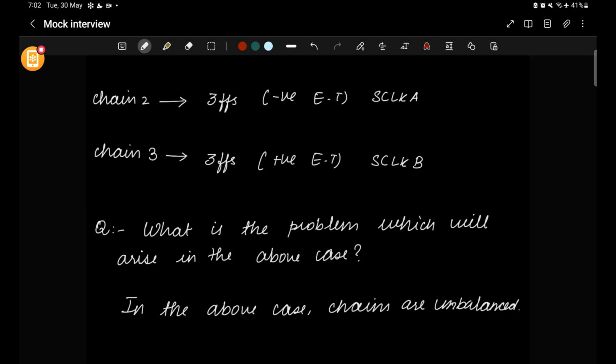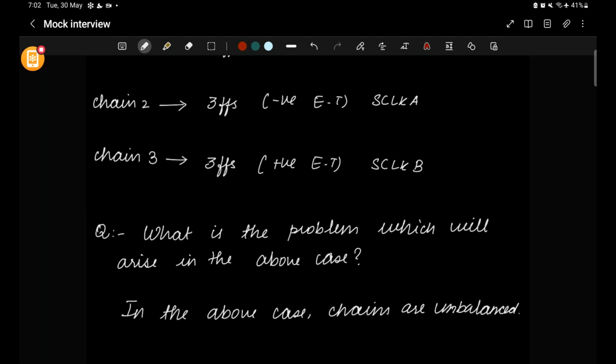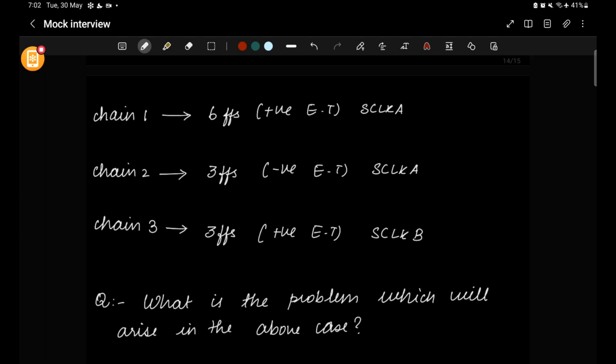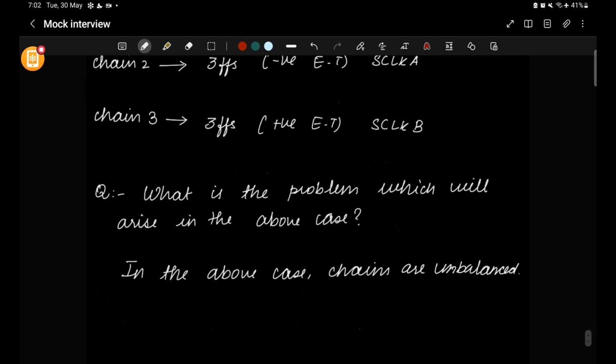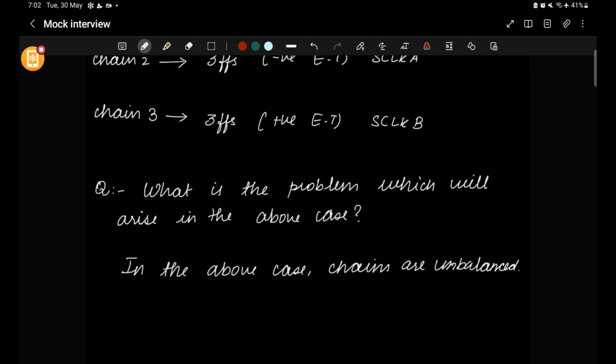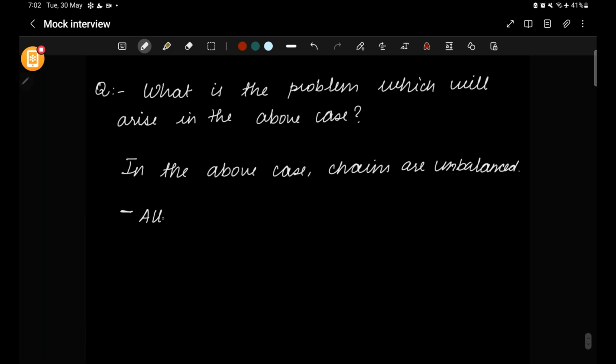In the above case, chains are unbalanced. Unbalanced means they do not have an equal number of flops in the scan chain. So one scan chain has 6 flops, other scan chains have only 3 flops. So what problem will happen?